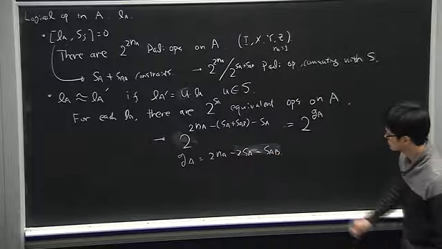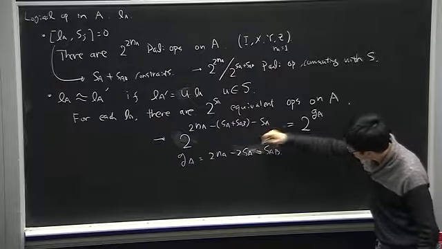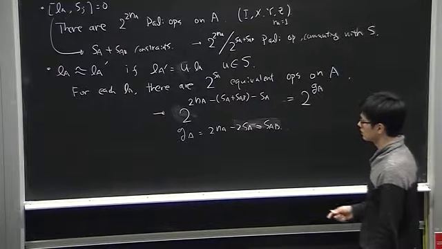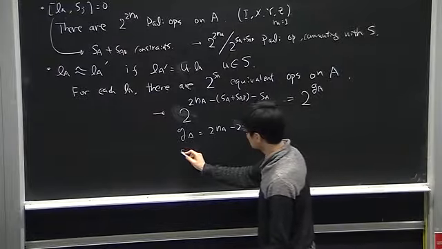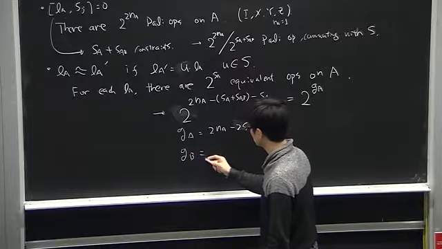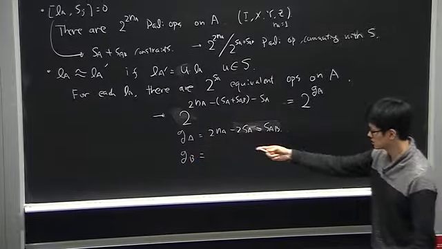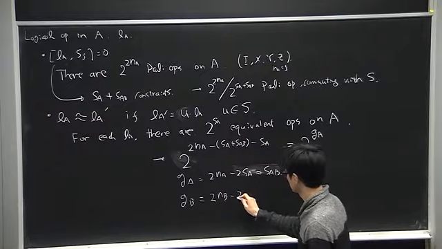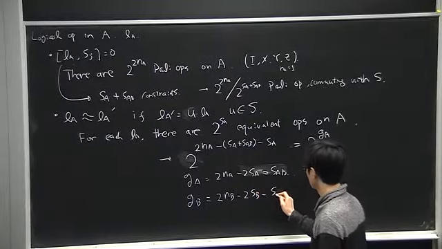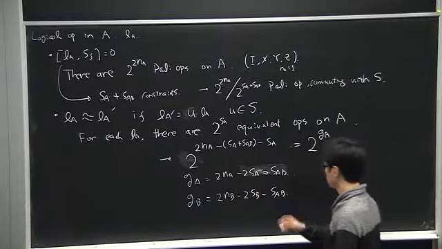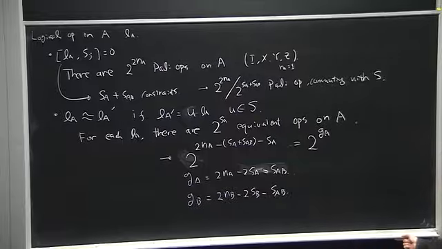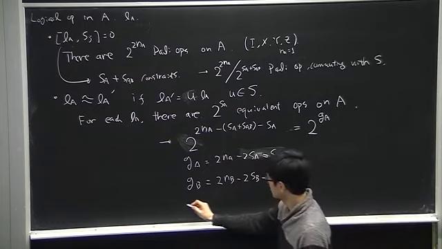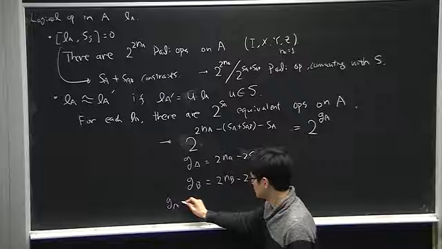Okay. Just a very simple observation. But we can repeat a similar argument for B. So basically, you need to just replace A with B. Then the answer is, okay. Now to derive that formula, we just add these two expressions.